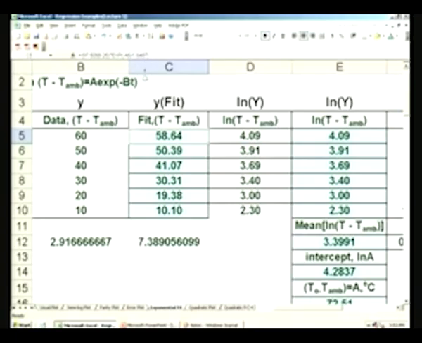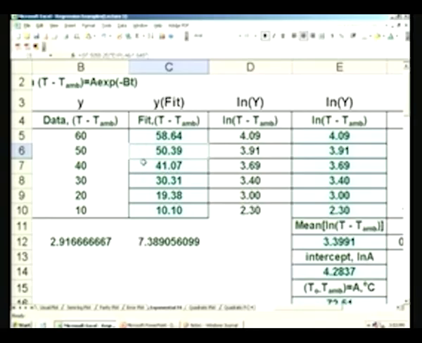I have calculated this formula down, and these are the fit values. You can also see the given data values: 60, this is 58.64, this is 50, 50.39, 40, 41.07. You see that they are close to each other.